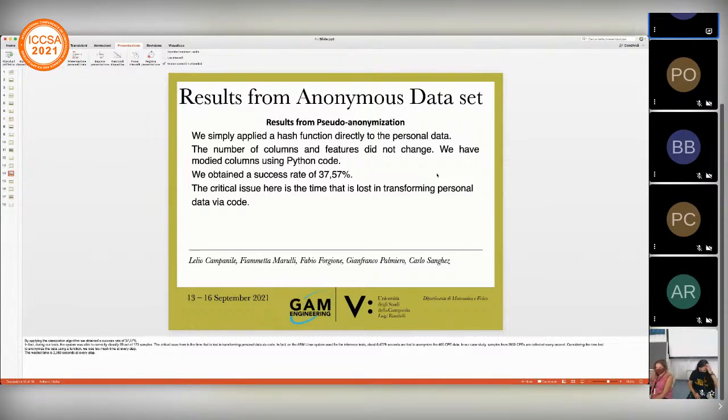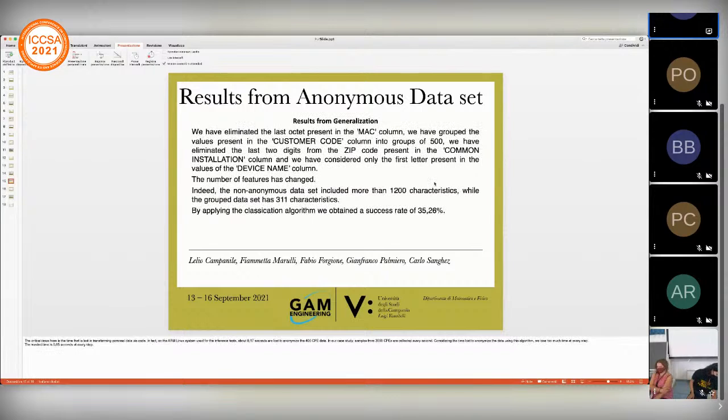But we had the worst performance in terms of time, because in this case we waste a lot of time to transform personal data via code. This algorithm is not suitable for the use case. Then we tried another algorithm.